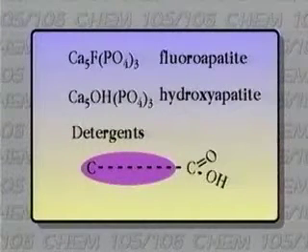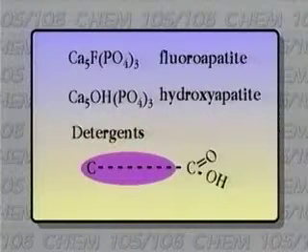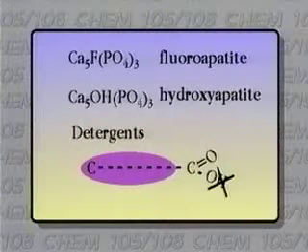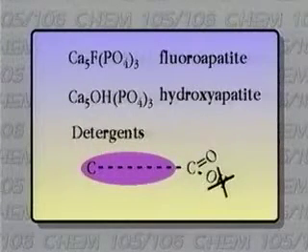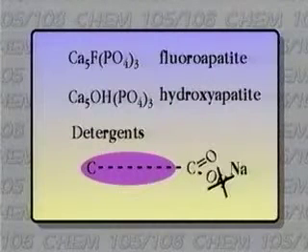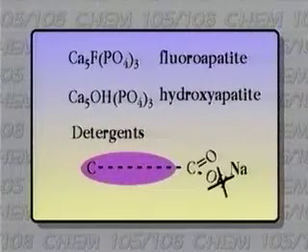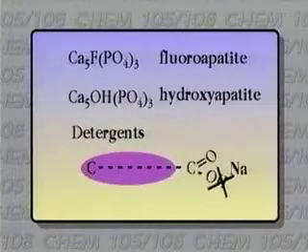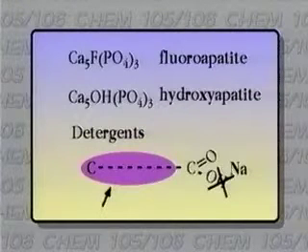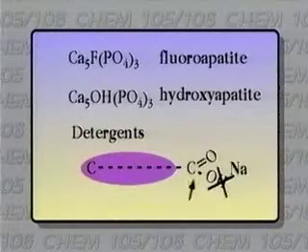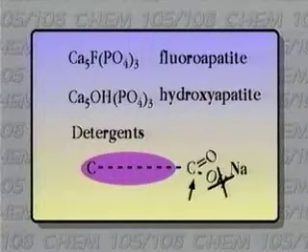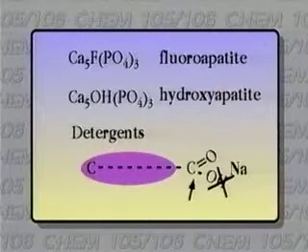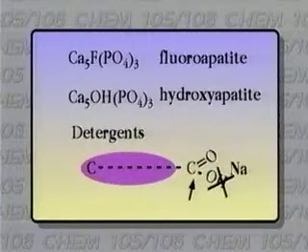And actually in a soap, this has been taken off, and we really have left behind this minus species. And often we would have something like a sodium attached to it, a sodium compound. So when you use this, this end down here grabs a hold of oil and grease. This end grabs a hold of water molecules. It likes water molecules. So when you pull the plug, the grease and oil goes down the drain because it's being pulled along by the soap molecules.